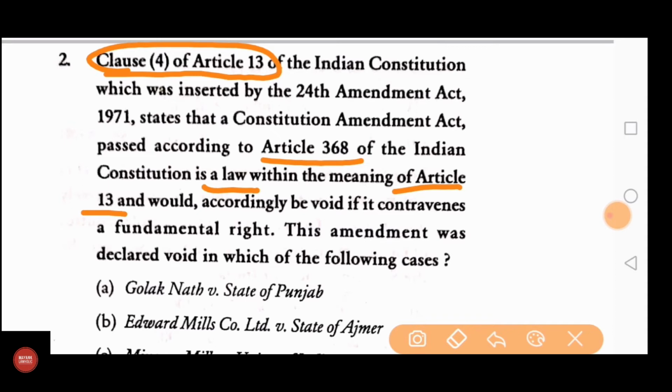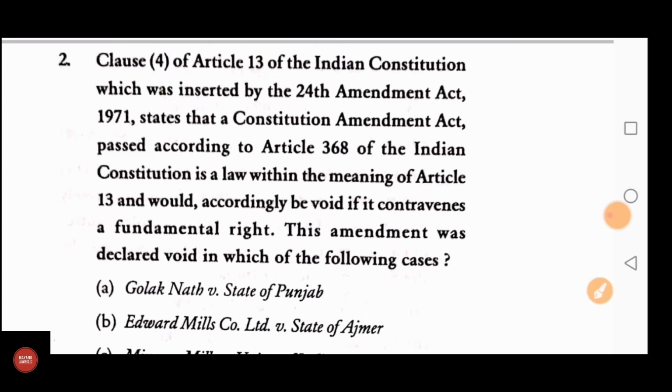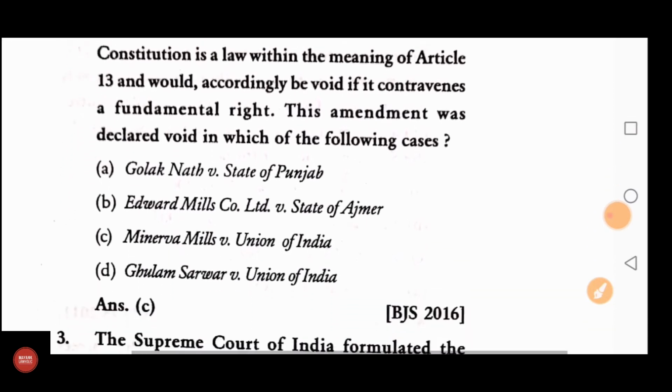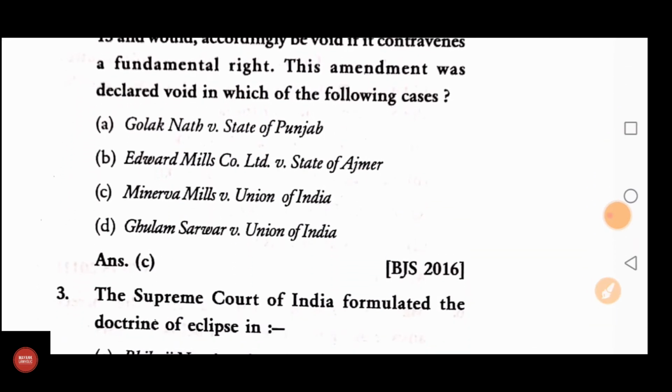This amendment was declared void in which of the following cases? Options are A. Golaknath versus State of Punjab, B. Edward Mills Company Limited versus State of Ajmer, C. Minerva Mills versus Union of India, D. Ghulam Sarwar versus Union of India. The correct answer is option C. Minerva Mills versus Union of India.